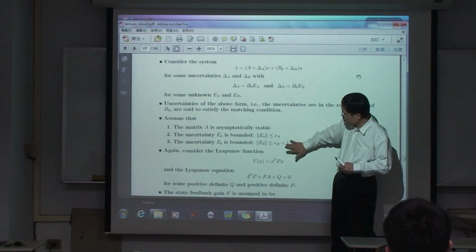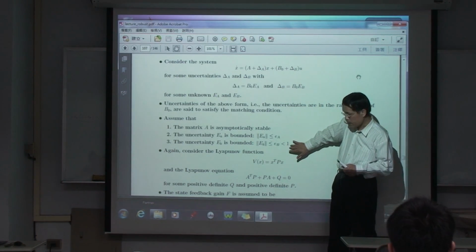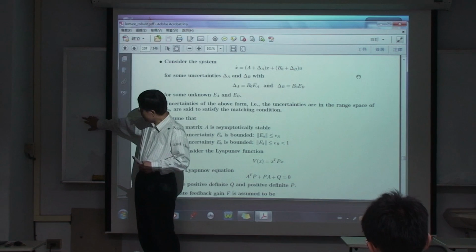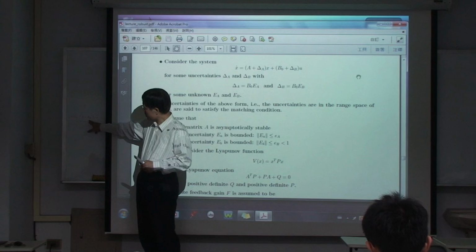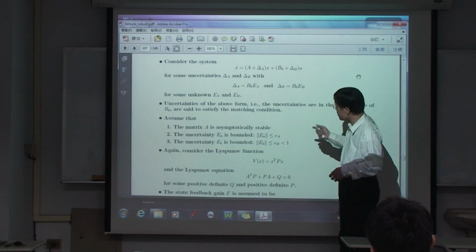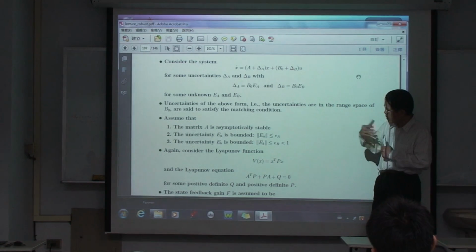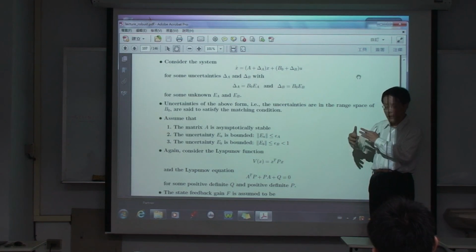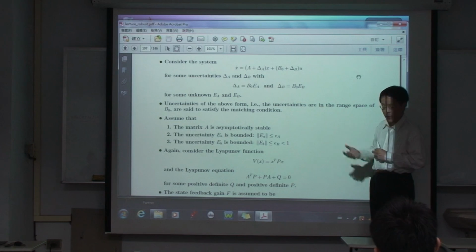Because suppose I violate this condition, it's possible that I plus EB can reverse the sign. You can think about the scalar case. And the consequence is that maybe originally you have a negative feedback, but all of a sudden it becomes positive feedback. And then that could destroy the whole situation.